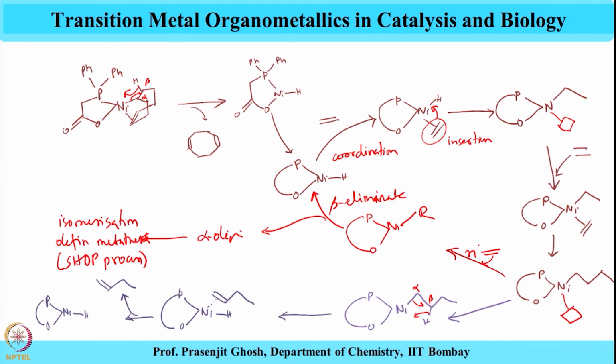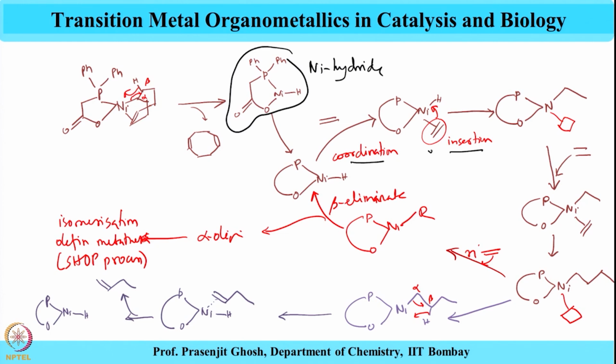So, what it shows is that these oligomerizations mainly proceed by coordination insertion, and in the Shell process the late transition metal nickel is used for olefin oligomerization, and usually the active site is a nickel hydride species. Nickel hydride can coordinate olefin and then undergo insertion.